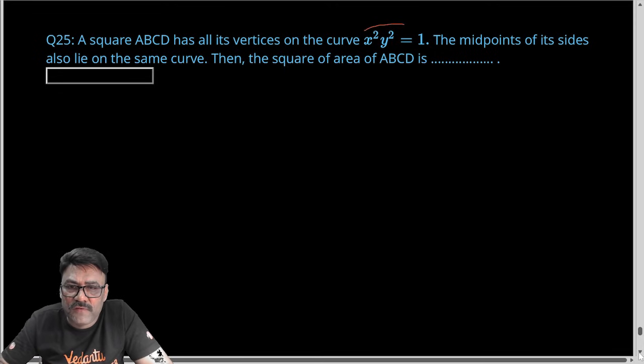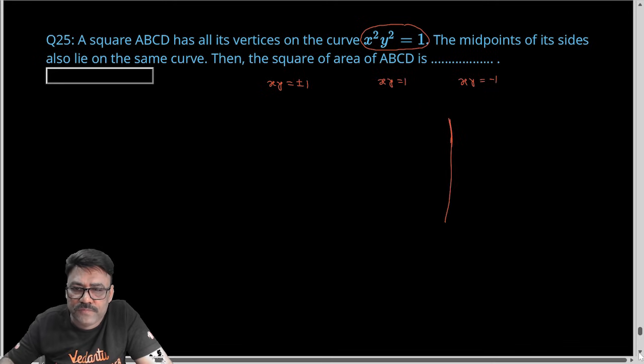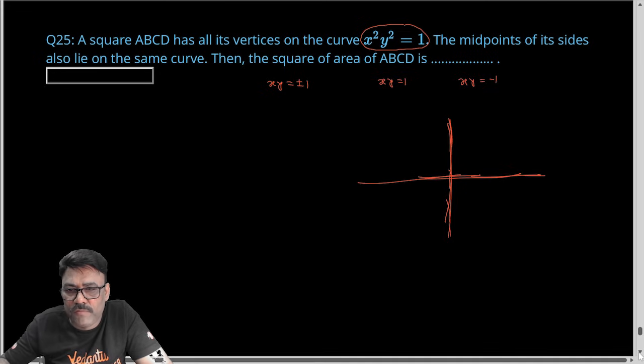So actually this curve gives you two hyperbolas, xy is equal to plus minus 1. So this gives you two hyperbolas, xy is equal to 1 and xy is equal to minus 1. Actually, if you draw the graph, xy is equal to 1 will look like this, one branch here, one branch here.